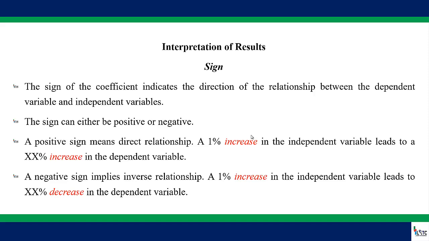So when you have your OLS results and you notice that x1 has minus, then you should know that an increase in x1 will lead to a decrease in the dependent variable. The magnitude, the rate at which the decrease will occur, will now be indicated by the size. That is the second x.